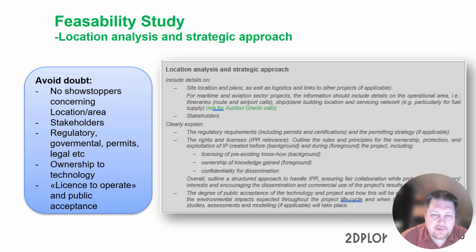If some permits are pending, you also need to address that and make it likely that all these will be granted in the end. It's all about making sure to the reader that there are no showstoppers, no concerns related to the location.